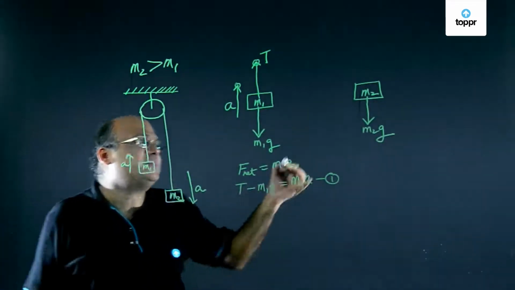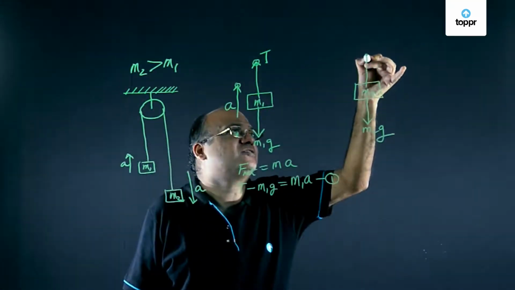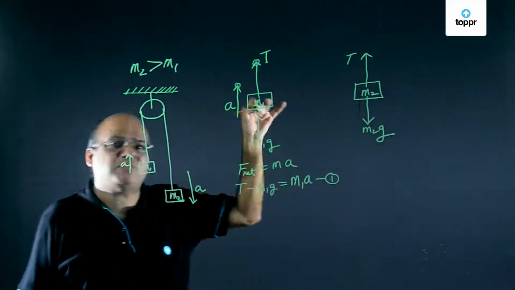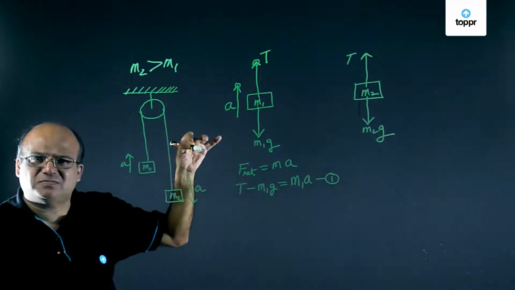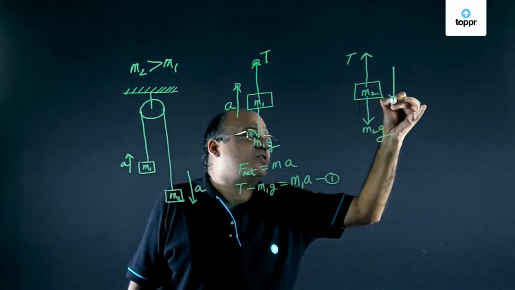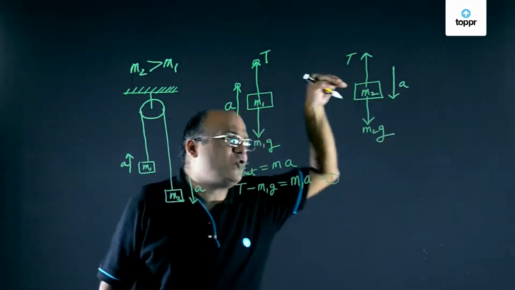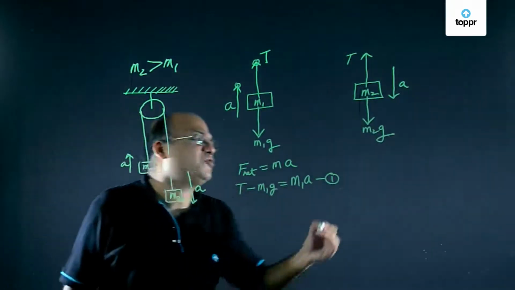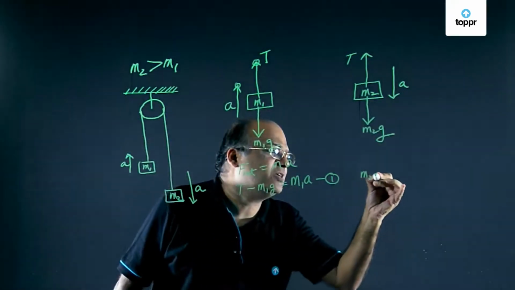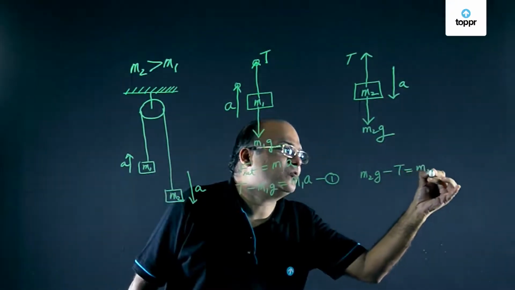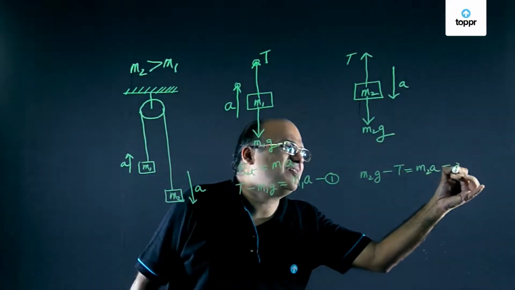M2 is connected by a string that is tight, so tension will act away from M2 along the string. Now the acceleration of M2 is downwards, so the downward force is more than the upward force. Net force will therefore be M2g minus T, and that is mass into acceleration. This is our second equation.